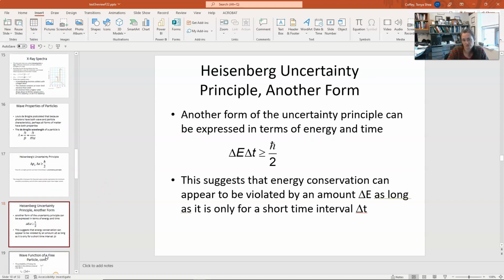There's also another form of the uncertainty principle for energy and time, and that's that delta E delta t is greater than or equal to h bar over 2. Okay? Now, there are some really super important consequences of this. One is that energy conservation can actually be violated as long as you don't do it for very long. And this is something that we get into when we talk about quantum tunneling in a little bit. All right?